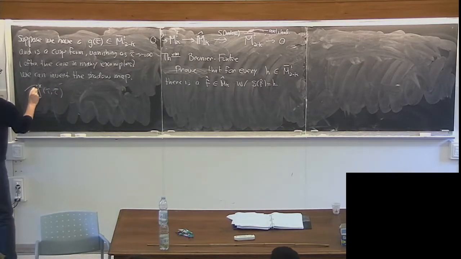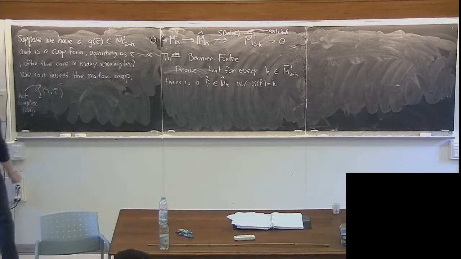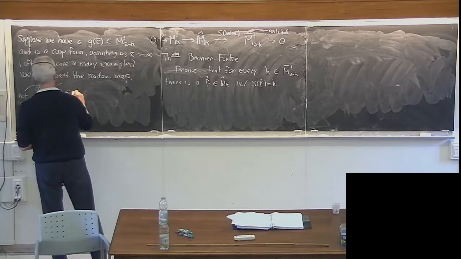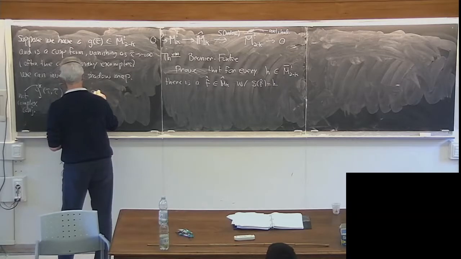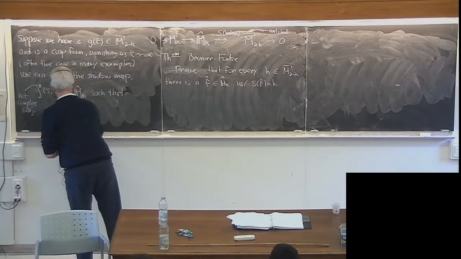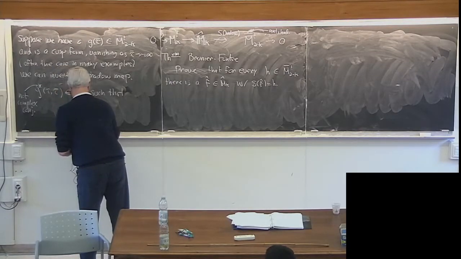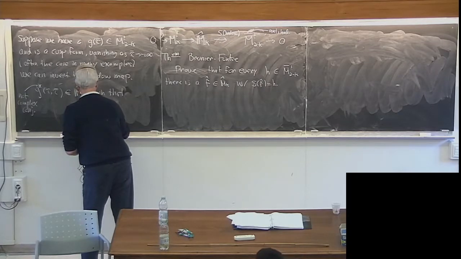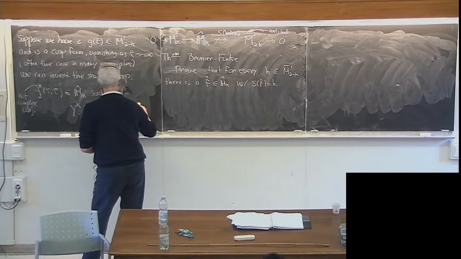This G star is not the complex conjugate, which is what most physicists would assume. It's just a symbol to denote a function, such that the shadow map acting on it is G of tau bar.